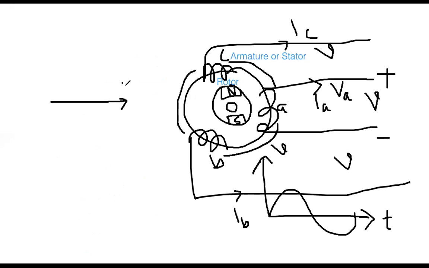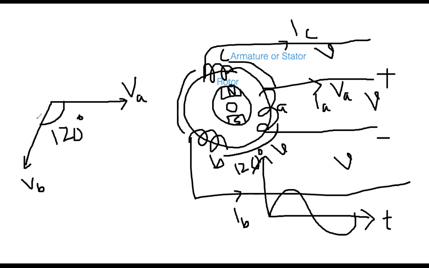So VA here, and then this is 120 degrees. From here to here, this is 120 degrees later. That's why, everybody see, clockwise, I went 120 degrees. This is VB position.